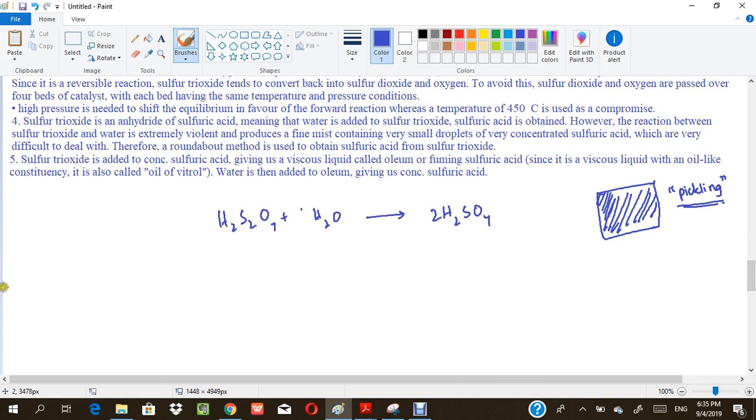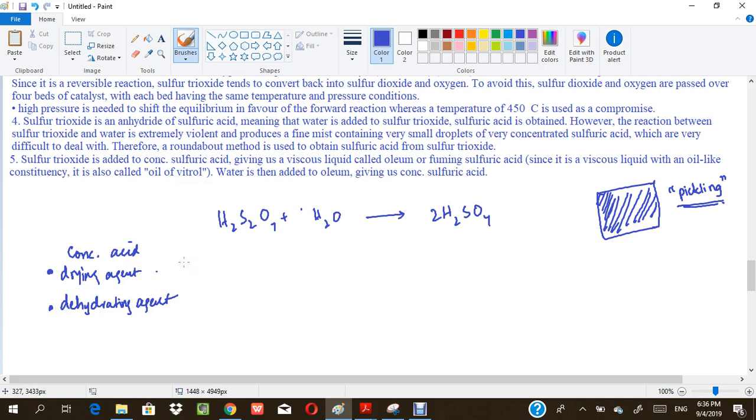We'll talk about only a few properties here, namely concentrated sulfuric acid is a very powerful drying agent, and it is also a very powerful dehydrating agent. Now, what is the difference between a drying agent and a dehydrating agent?